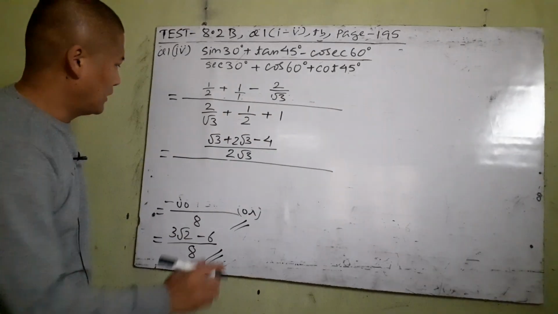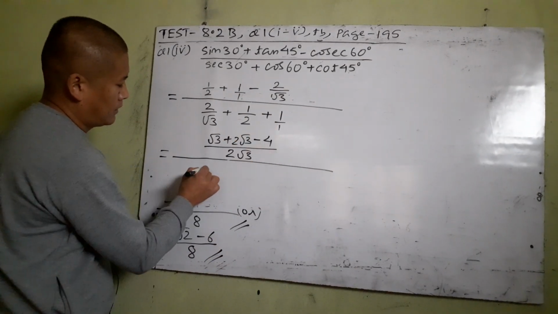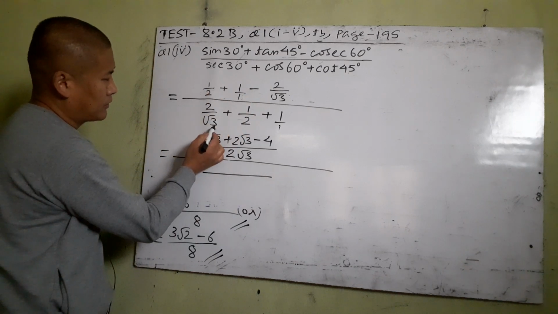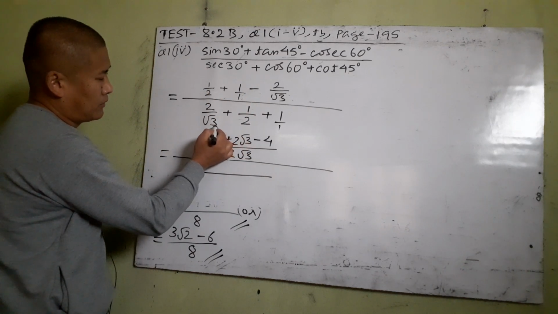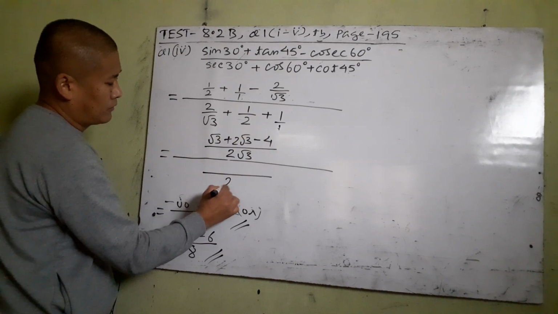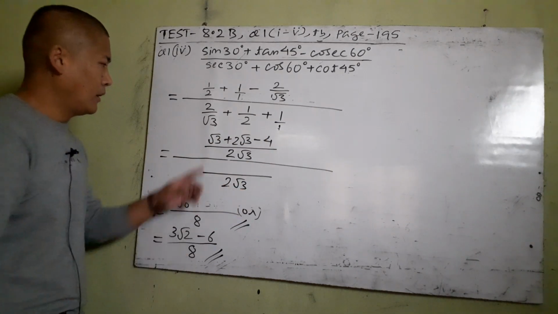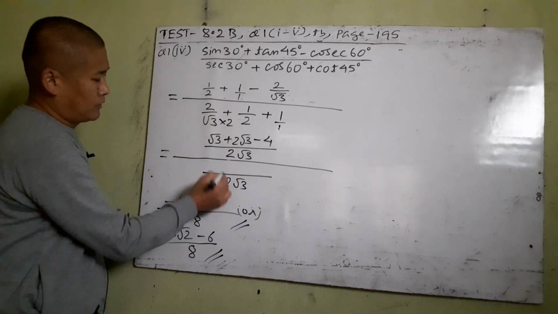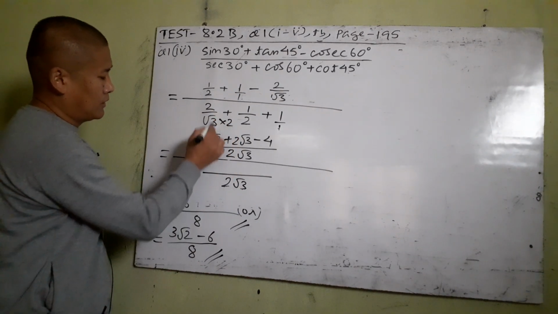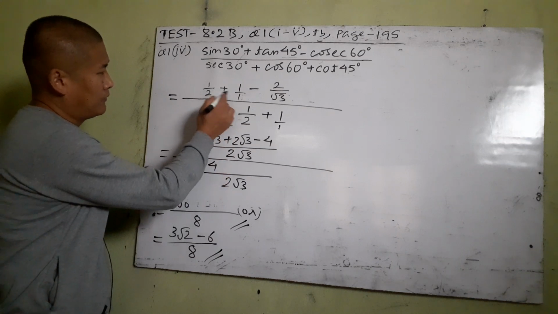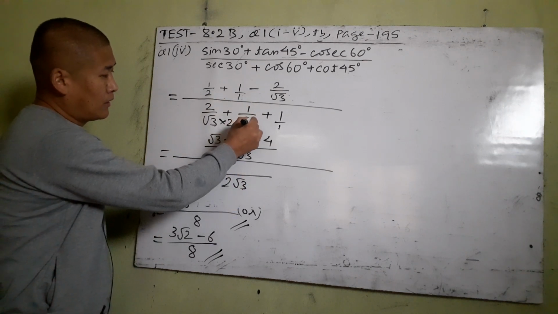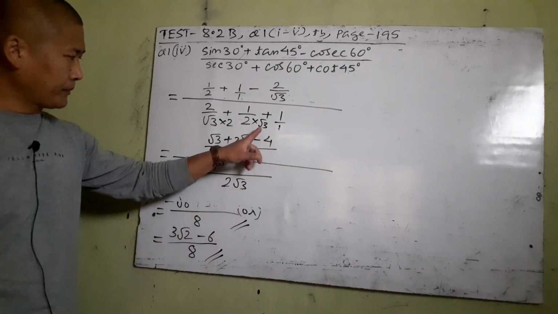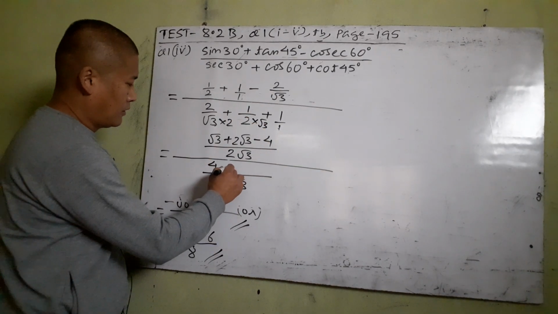Next one here, similarly, I put here 1 by 1, longer line. LCM of the 3 below the long line, denominators, up, down. Root 3, 2 and 1 is 2 root 3, LCM again. Root 3 into 2, 2 root 3. And root 3 into 2 is this 2 root 3. 2 2s are 4. Just like we did for this 3, same thing. And 2 into root 3, 2 root 3. Root 3 into 1 is root 3.